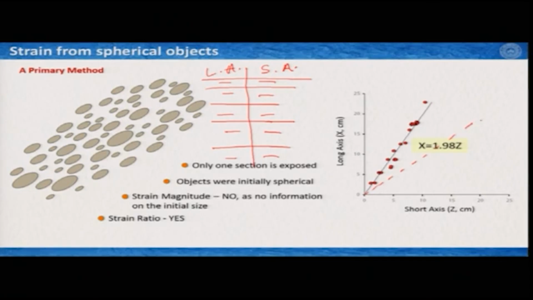If it is 45 degrees, then x equals y, or long axis equals short axis, therefore you have your spherical geometry maintained. But if it is not, then you may have some deflections from the 45 degrees, and that may give you the very first, basic first-hand idea of the deformation.